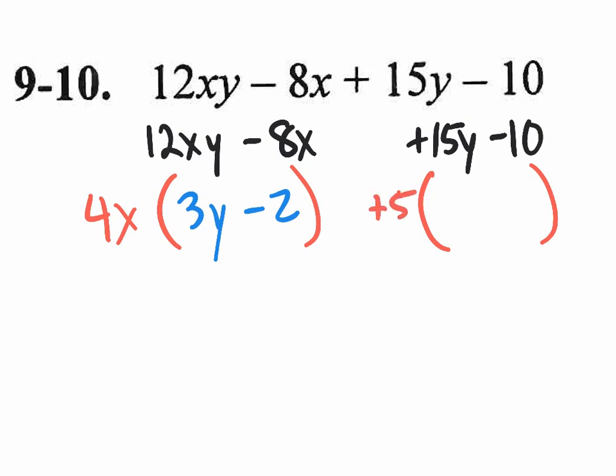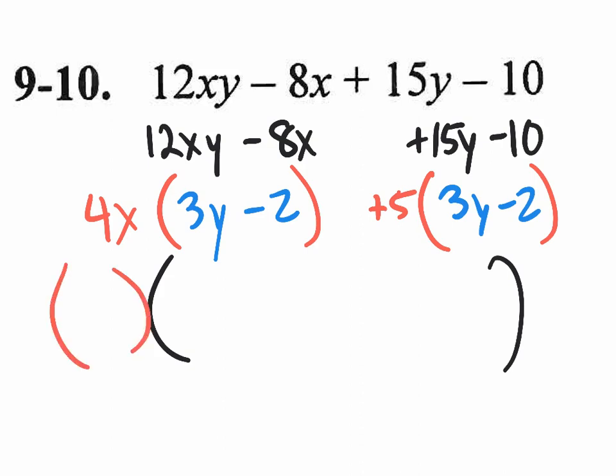And if I factor that out, 3y minus 2. Okay, so here are my exaggerated parentheses. What goes on the outside? 3y minus 2. And on the inside, 4x plus 5.